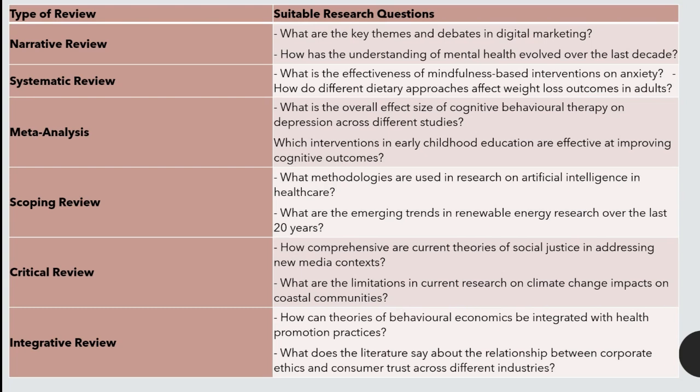Also some ideas. Remember, right in the beginning, we discussed the importance of the research question or the literature review question to guide you. I've given you a few examples of the types of questions one would typically ask related to the types of reviews. I'm not going to read them all out.